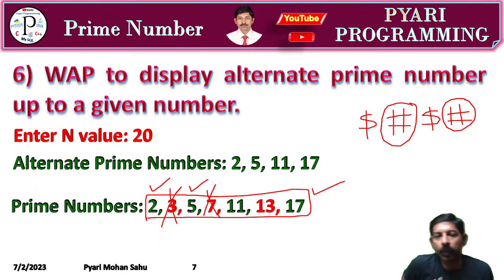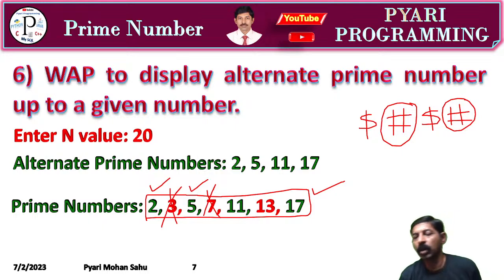I discussed this particular logic, where to display, where to skip. If you want to display something and skip something, all of that comes in the alternate pattern, in the alternate mechanism. So the alternate logic will be used here. The same alternate logic will be used here. This way it is not mandatory that I should take positive. I can use negative also. It depends on what I have started with.